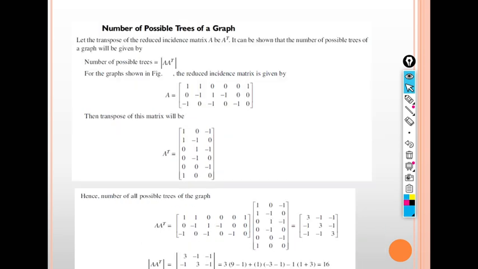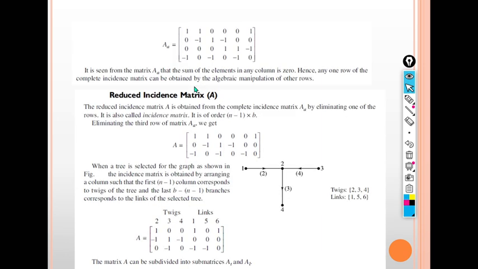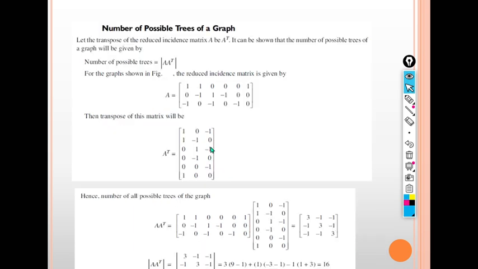Now, what is the number of possible trees of this graph? The number of possible trees you can get is the determinant of A times A transpose. So, this is our A, and this is our A transpose.